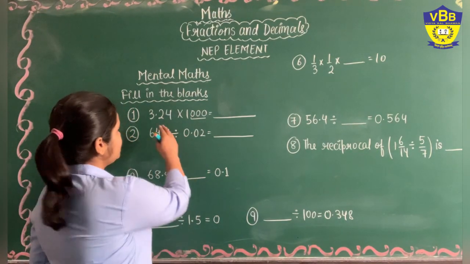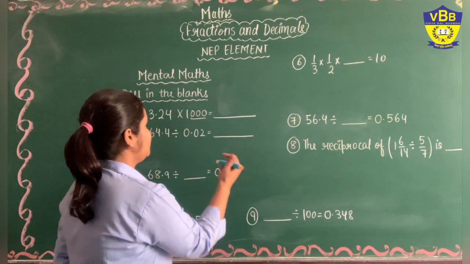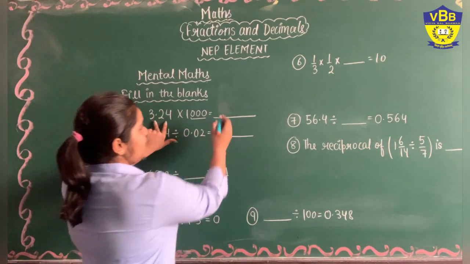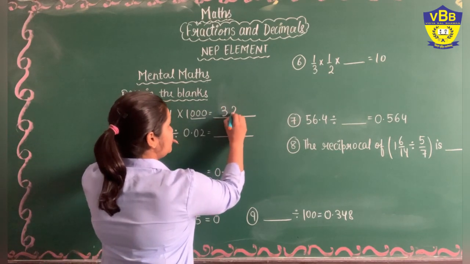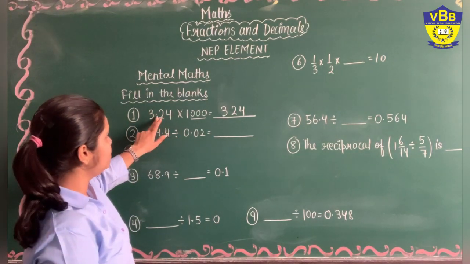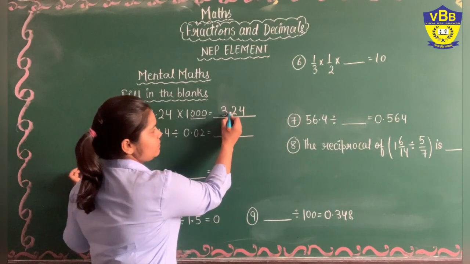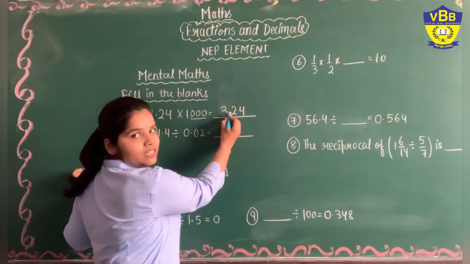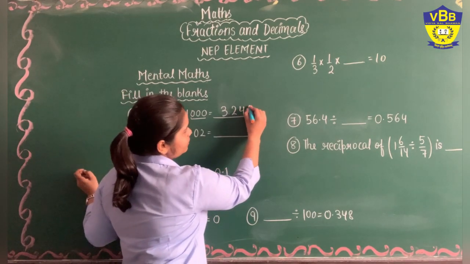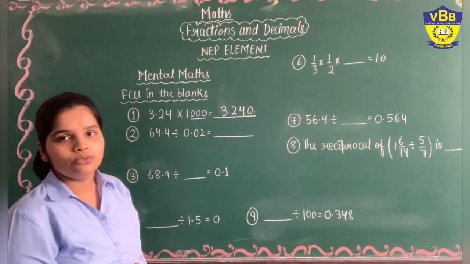So the product will have the same digits, 324, and this decimal will be shifted towards the right side by 3 decimal places. Initially it was here, now we will shift this decimal to the right side 1, 2 and 3 places. So the answer is 3240.